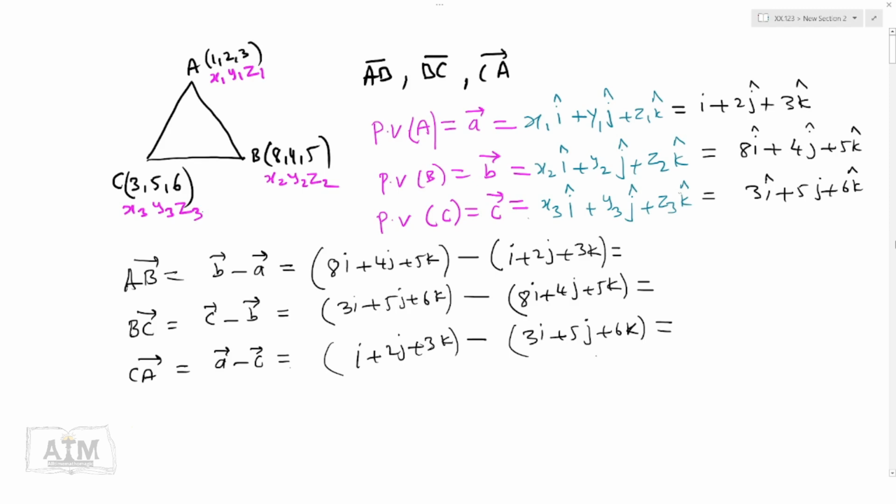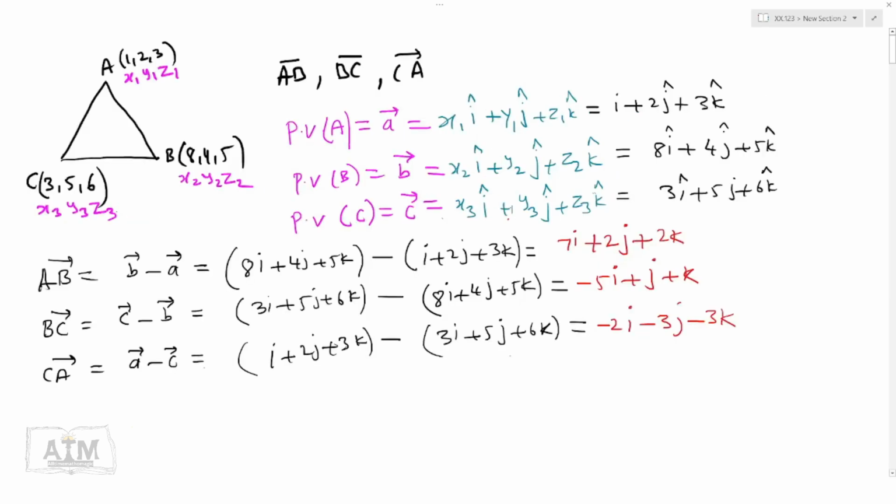Similarly vector BC equals 3i plus 5j plus 6k minus (8i plus 4j plus 5k), and vector CA equals i plus 2j plus 3k minus (3i plus 5j plus 6k). So we get vector AB equals 7i plus 2j plus 2k, vector BC equals minus 5i plus j plus k, and vector CA equals minus 2i minus 3j minus 3k.